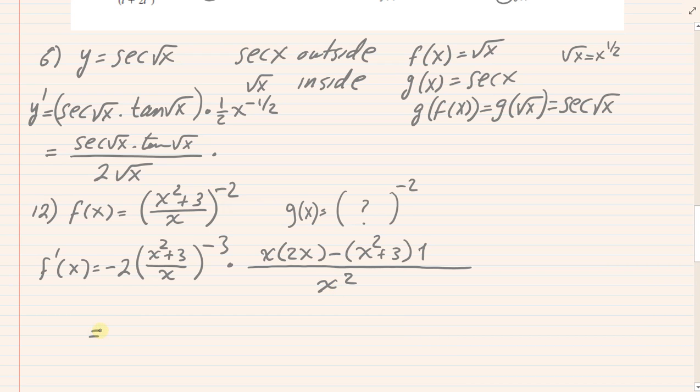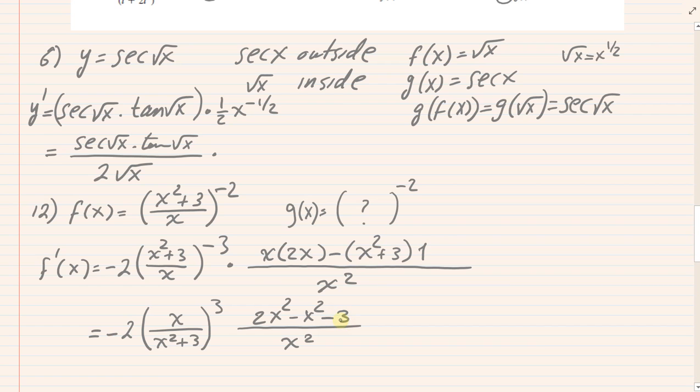So for question number 12 now, to do this correctly, for the expression with a negative exponent, I'm going to flip that fraction and change negative 3 to a positive 3. So it's going to be negative 2 times x over x squared plus 3, cubed. And then let's work on the fraction in front. X times 2x, that's 2x squared, minus x squared, minus 3, right?